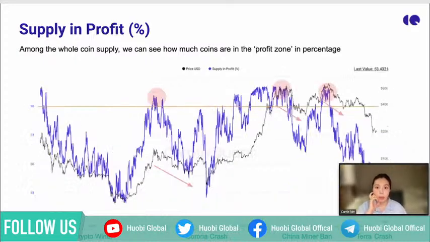And for supply in profit, among the whole coin supply, we can see how many coins are in the profit zone in percentage. If more than 90% of the supply were in profit, it was usually the market top. That's too many coins in profit. Some of them will probably sell, and that will bring the price down, right? So market bottom, market top, you can see it from the supply in profit and supply in loss.